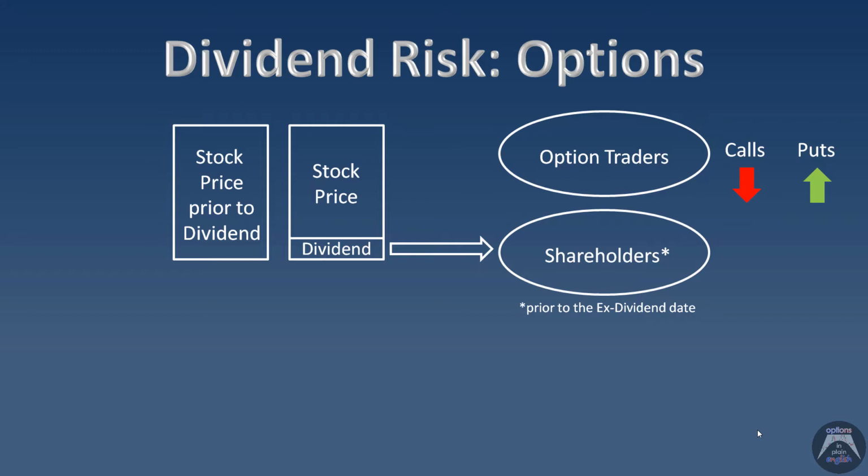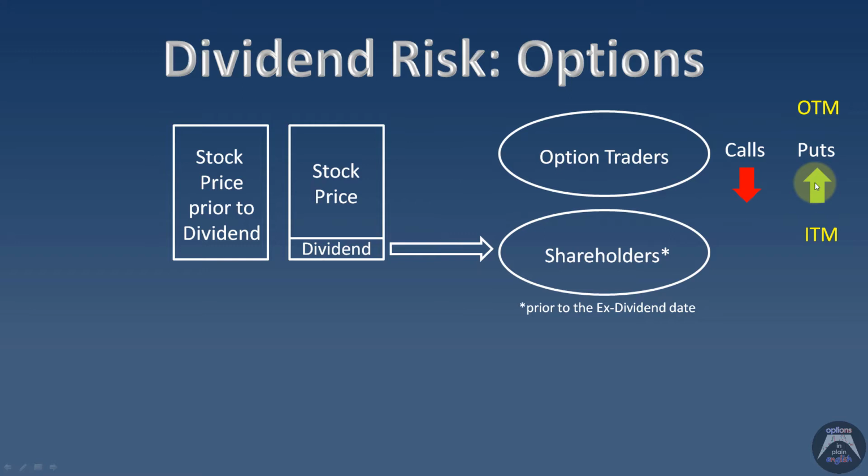Now, how does it affect the different calls and puts? Well, let's think about whether it would be advantageous for an option holder to exercise their options prior to expiration based on the dividend. If you think about the puts, a put is going to allow you to turn your stock into cash, because if you exercise it, you're exercising your option to sell.